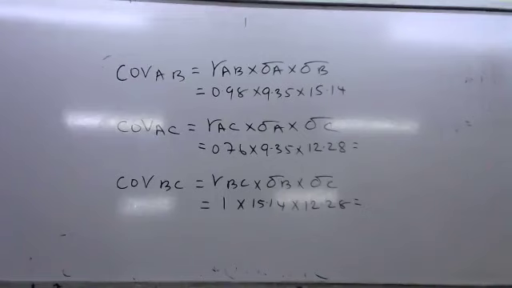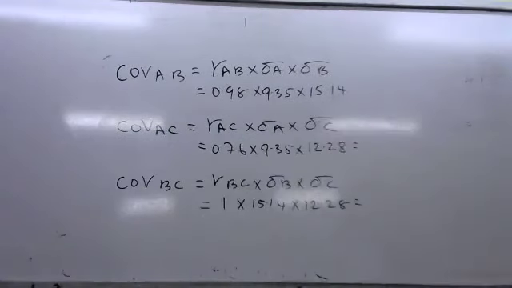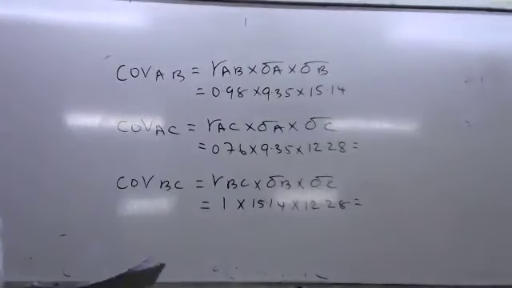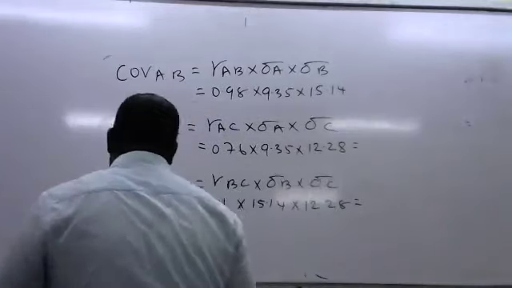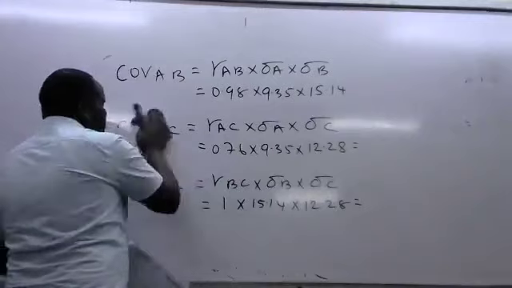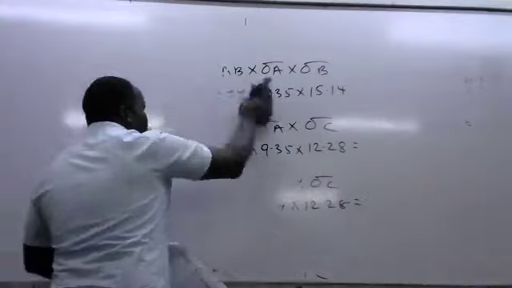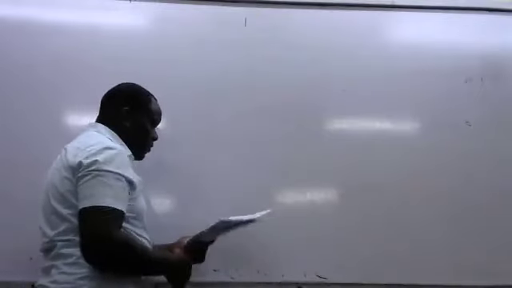So once you have done that, now we can get the risk of each combination, which is the same as the actual standard deviation for the portfolio. Once you have completed those, we shall now be calculating the risk for each combination.